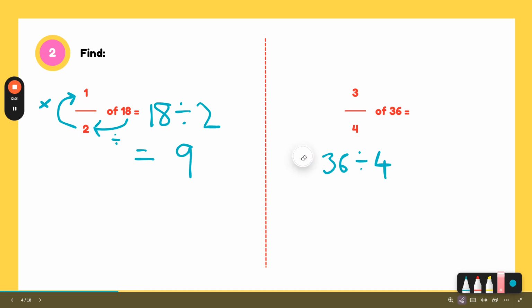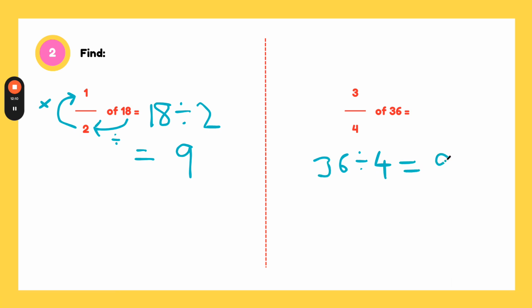So 36 divided by 4 is 9. So from there, we then multiply 9 by the numerator, which is in this case 3.